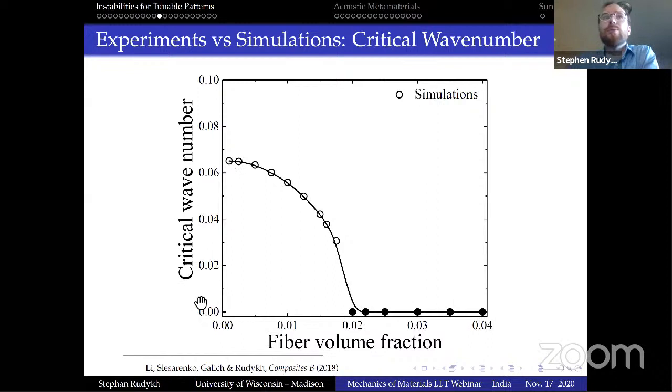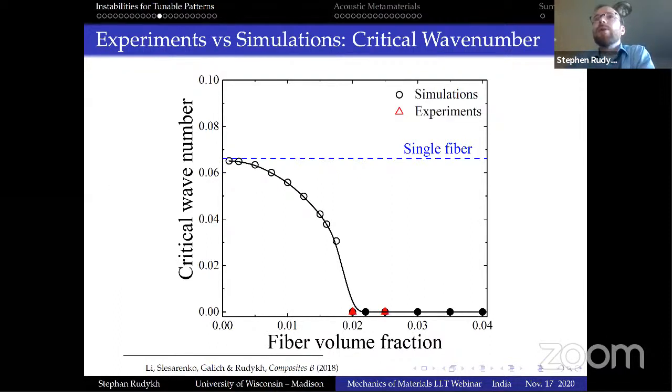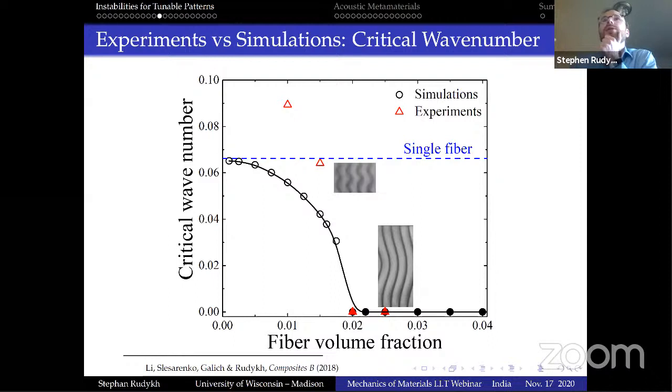So the region of small critical wave numbers corresponds to very large wavelengths, versus the transition to finite wave numbers and finite wavelengths as we cross this threshold volume fraction. And again, the single fiber, just to indicate that at least here we are very good. And so now putting the experiments on top of that, that seemed to work very nicely in terms of capturing this transition from long wave type of instability.